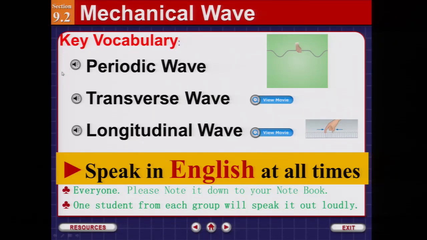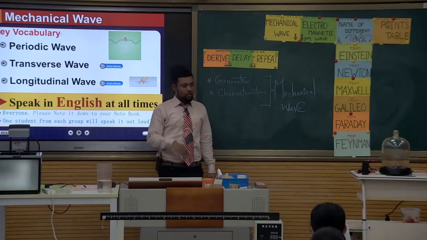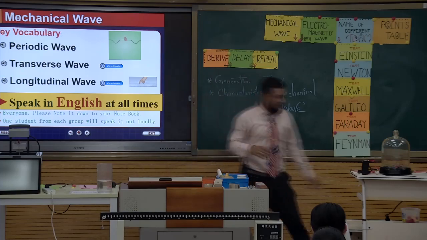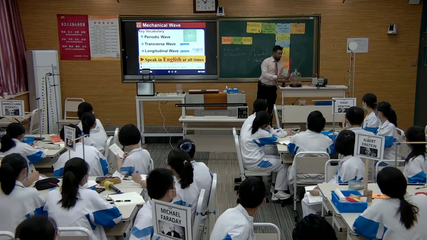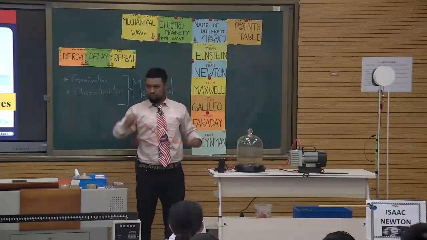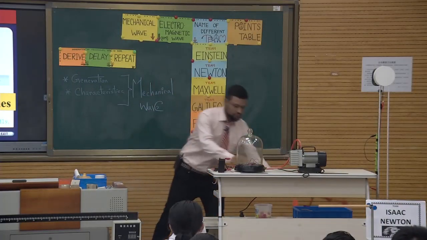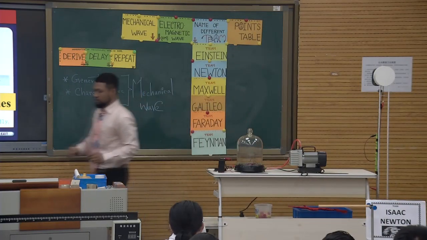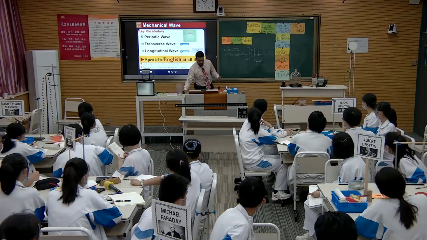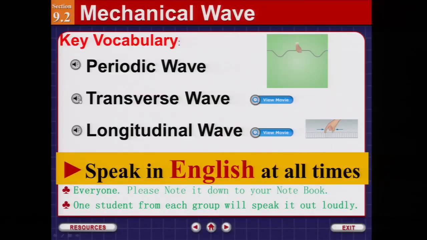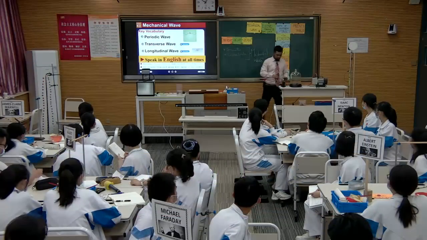So here's the key vocabulary. Periodic wave. If the wave moves up and down at the same rate, a periodic wave is generated. So if the wave goes up and down, it can be a periodic wave. The next one, transverse wave. A transverse wave is one that vibrates perpendicular to the direction of the wave's motion.